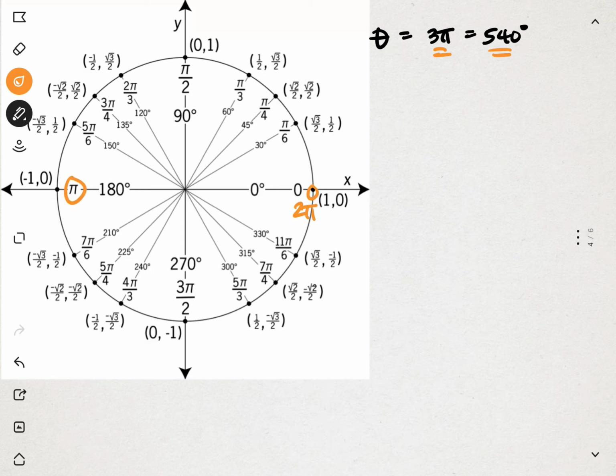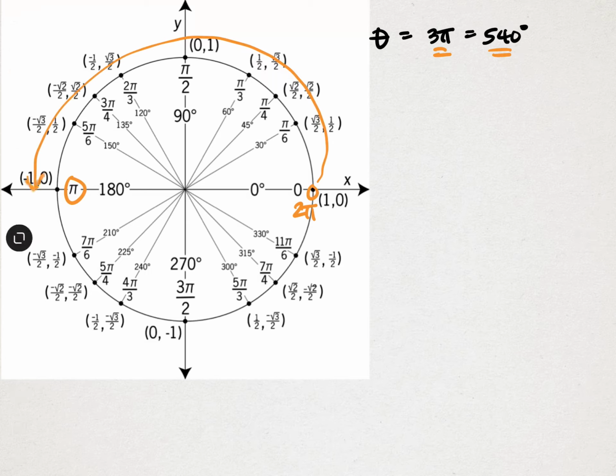We start at 0, we go all the way around to pi. That's halfway. Another pi takes us to 2 pi. And then one more pi would get us to 3 pi.